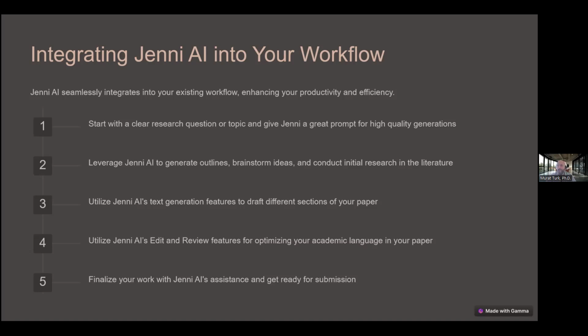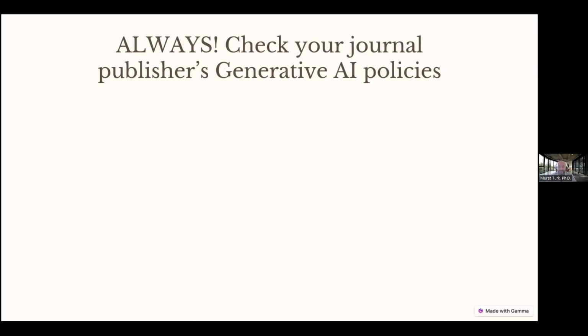After drafting different sections of your paper, you can use Jenni.ai's edit and review features for optimizing your language in your paper. And you can definitely finalize your work with Jenni.ai's assistance and get ready for submission. So Jenni.ai does a lot for us in terms of text generation, idea generation, and all that stuff.